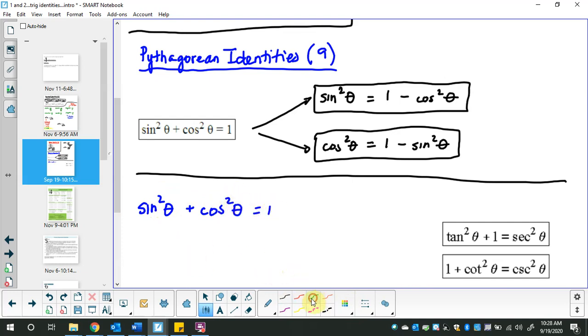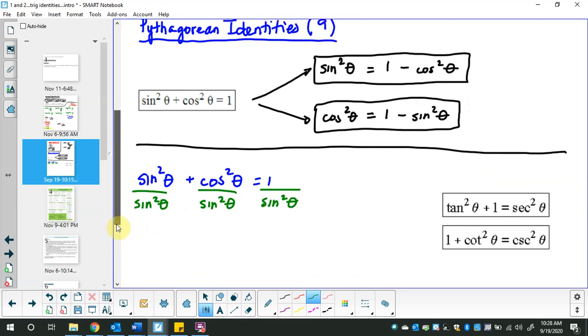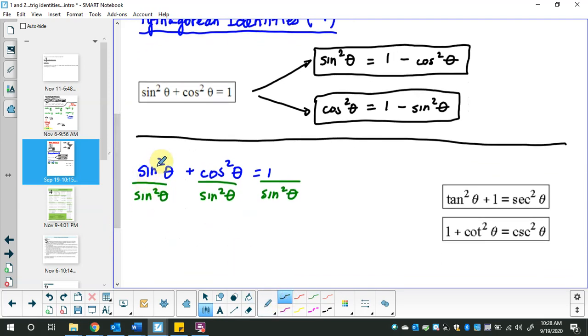And what I'm going to choose to do is use sine squared theta. So I'm going to divide all three terms by sine squared theta. And then I'm going to make it look pretty. So for instance, sine squared theta divided by sine squared theta is 1.